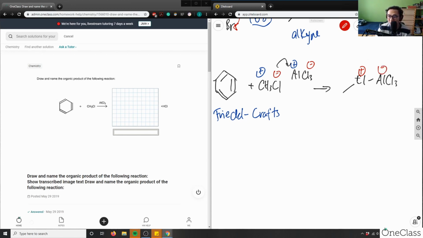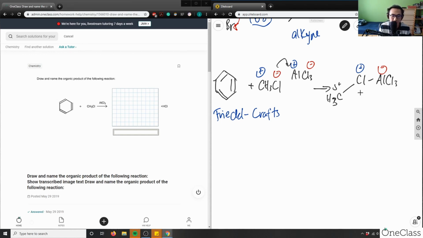This is a big electrophile, because this carbon, the CH3 here, is partially positive.